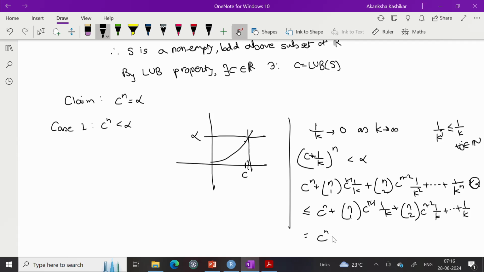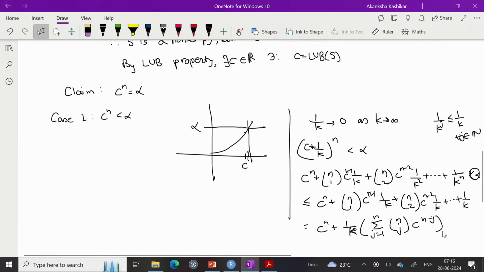So if I take 1 by k common, then I have sum over j going from 1 to n, n choose j c raised to n minus j, correct?